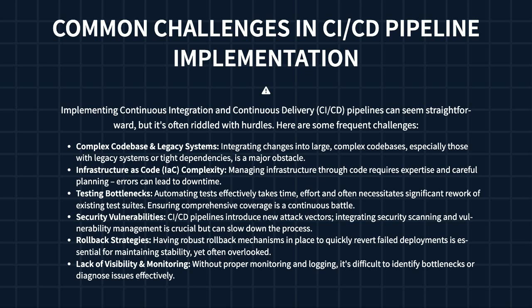Making sure we're testing everything properly while still keeping the process moving is tricky. Security is another big one. You need to scan for vulnerabilities as part of your pipeline, but it can add time. And don't forget about rollbacks. If something goes wrong, you need a way to quickly undo your deployment without causing more problems. Finally, visibility and monitoring are key. You need to be able to see what's happening in the pipeline and spot any issues as they arise.